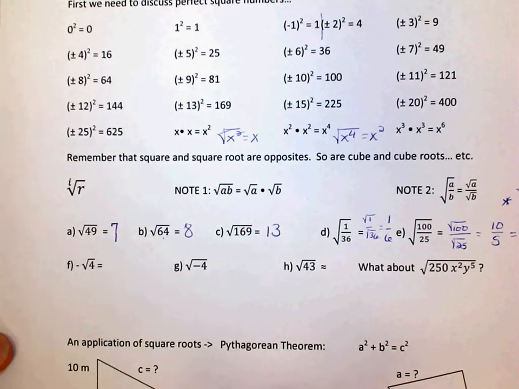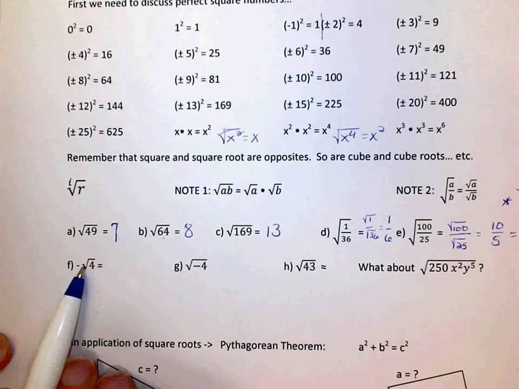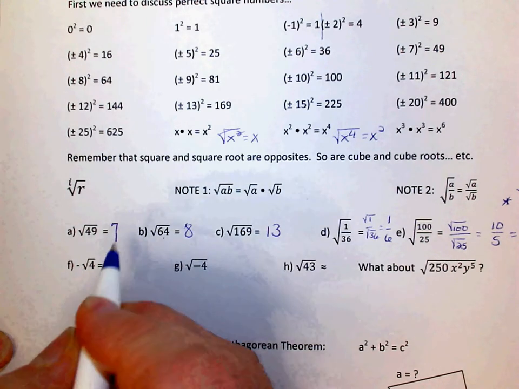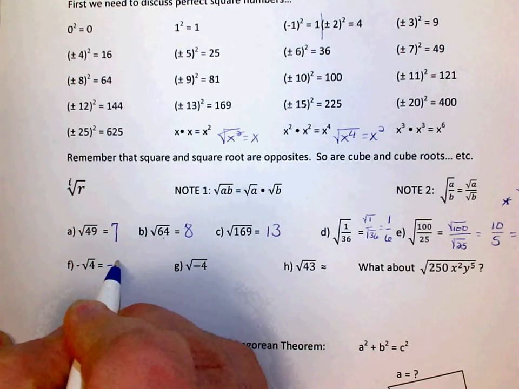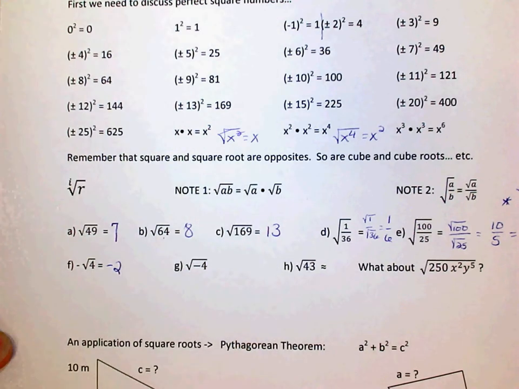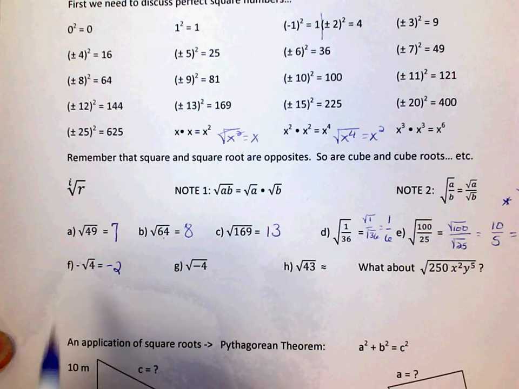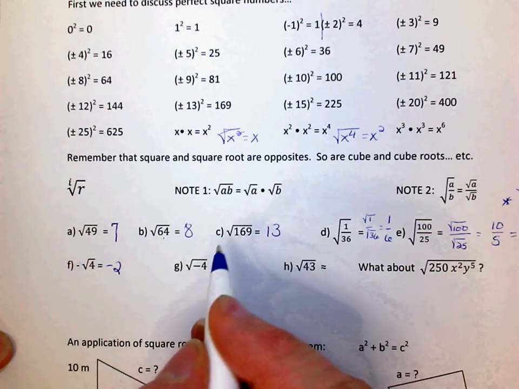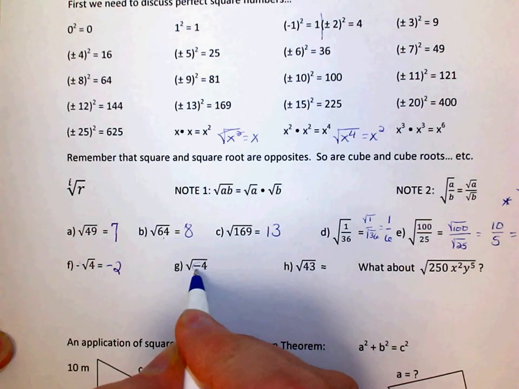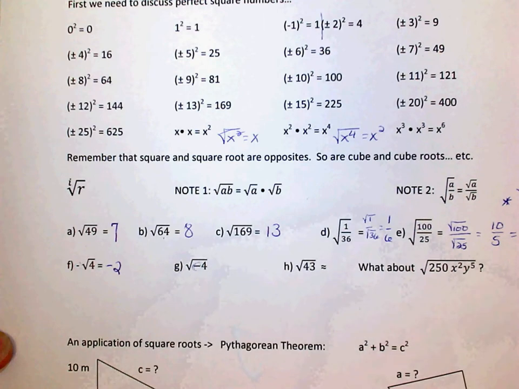Now, the opposite of the square root of 4 is the opposite of 2. Notice this is on the outside. But on number G, it's on the inside, and that gives us a problem.